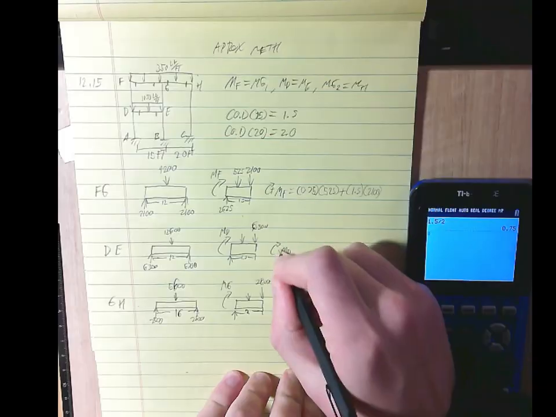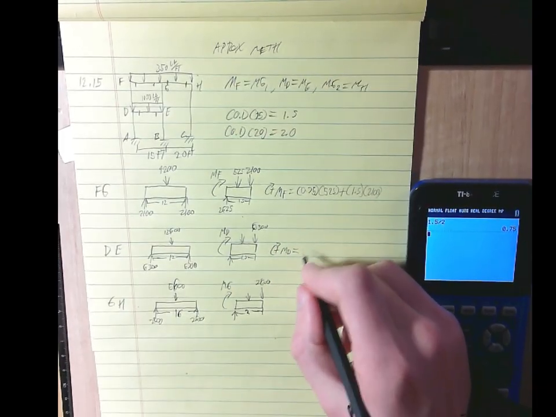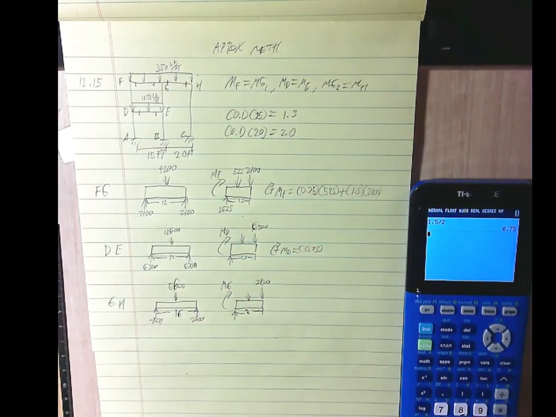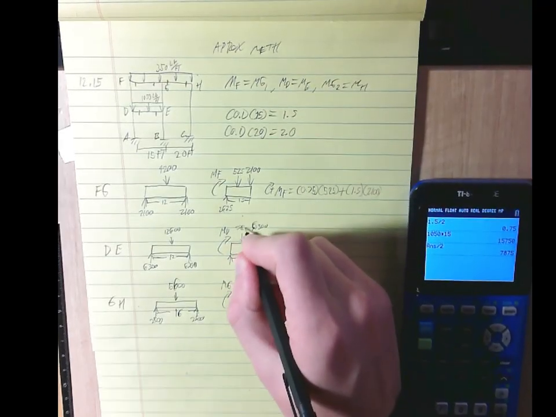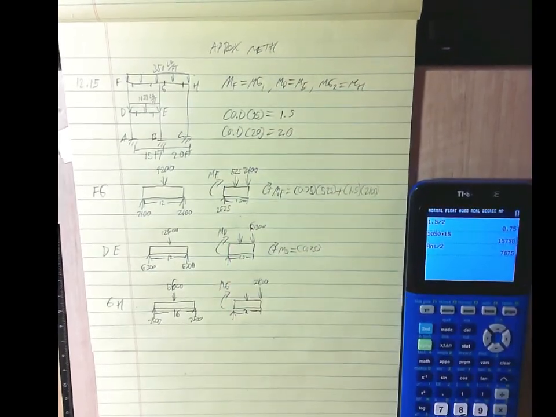MD is here. 0.75. What's the weight here? It's going to be 1050 times the full length of 15 divided by 2. It's going to be 7875. Sorry, not up there. Right up here, 7875.